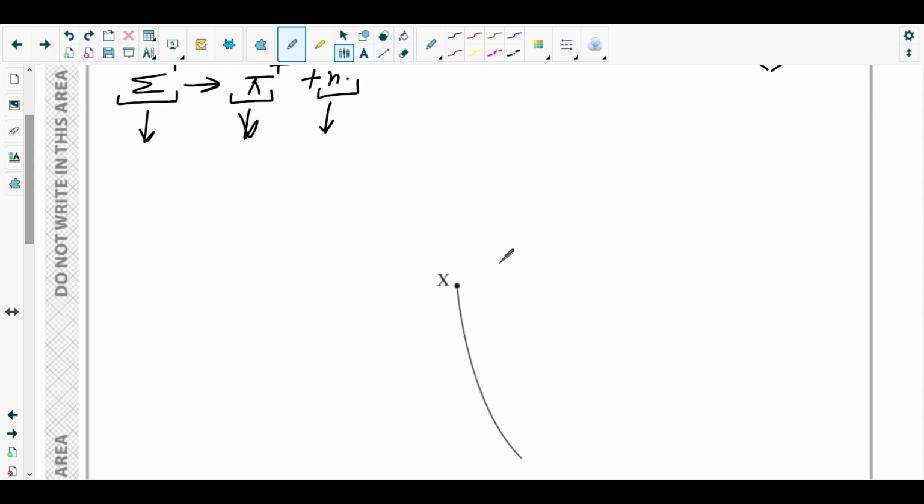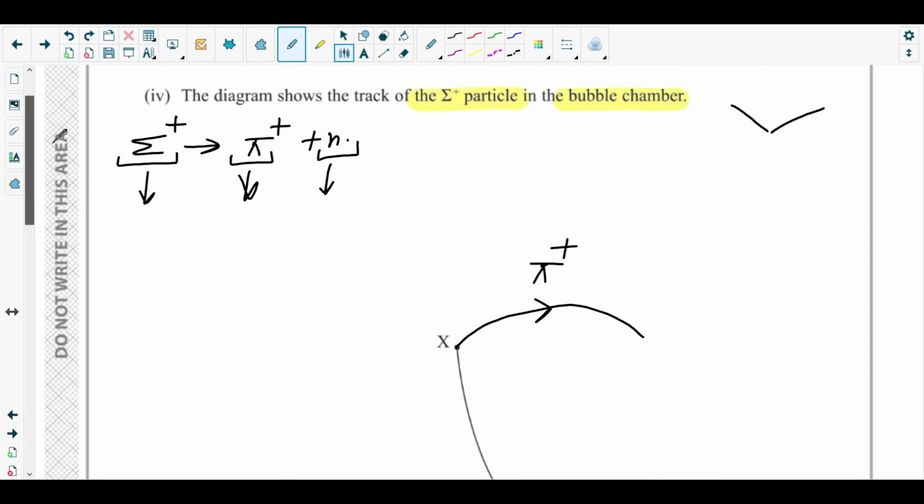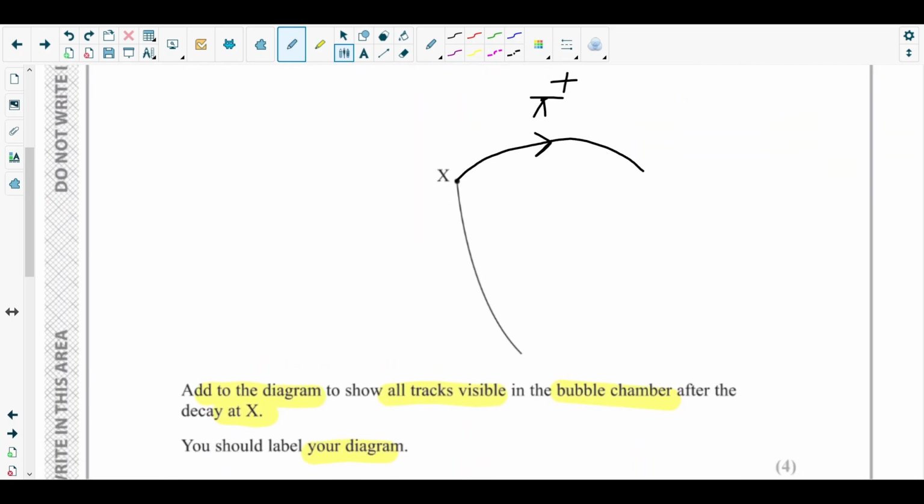So we will follow the previous figure in part 3. It will start from here and have a smaller radius of curvature. It will get curved like this. In this way the pion plus particle will move after the decay. On the other side the neutron will move, but you don't need to show the neutron because it is invisible in the bubble chamber. So that's the diagram that we can draw for the pion plus particle. That's it. Fine.